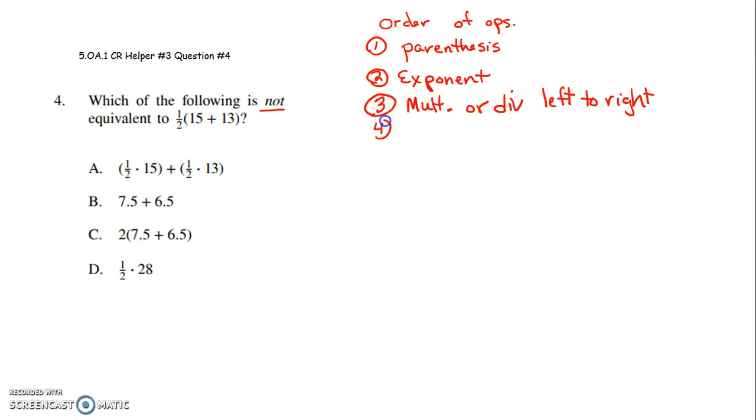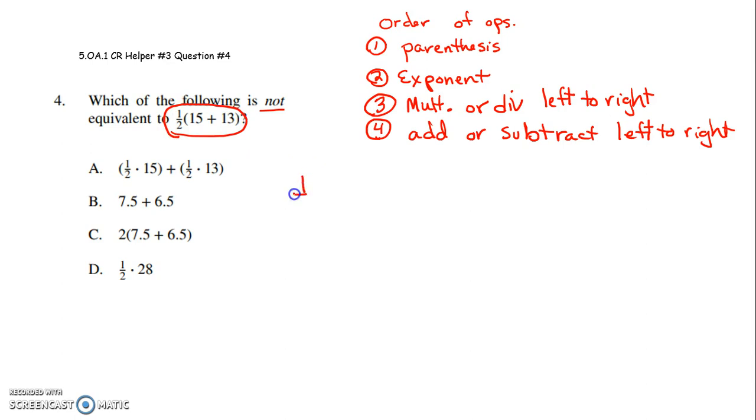And then the last step in our order of operations is to add or subtract. Add or subtract left to right. Again, once you're at the step of adding and subtracting, that's at the same level, and you move left to right to handle that.